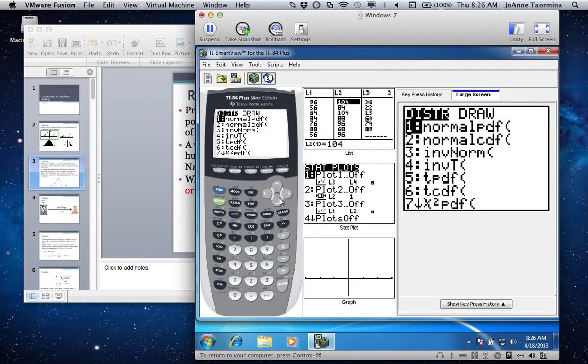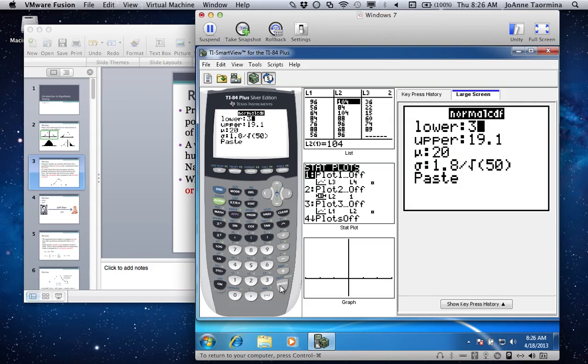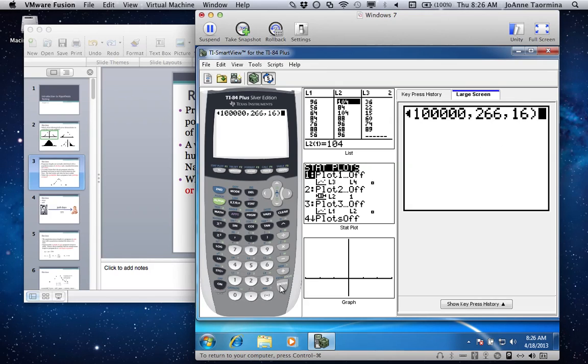Second DISTR, normal CDF, 308, 100,000. Mean is 266. Standard deviation is 16. And our probability is 0.0043.